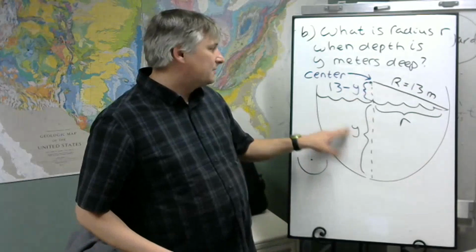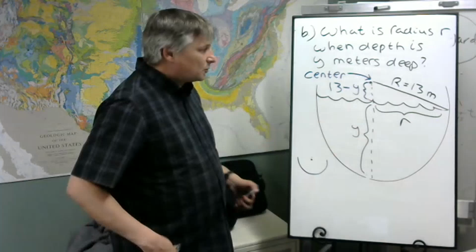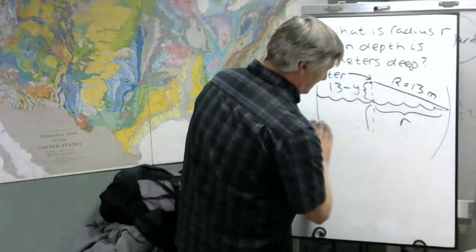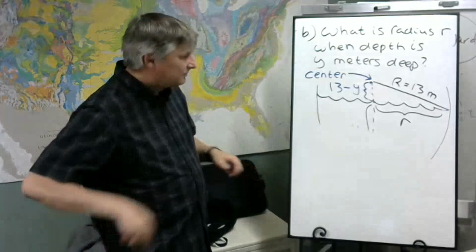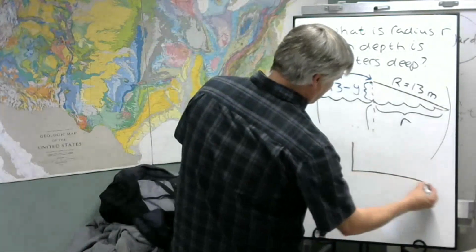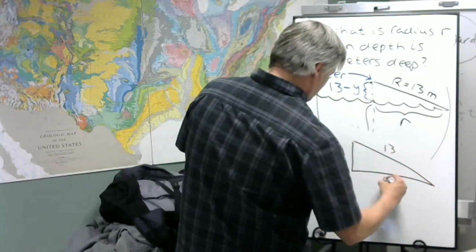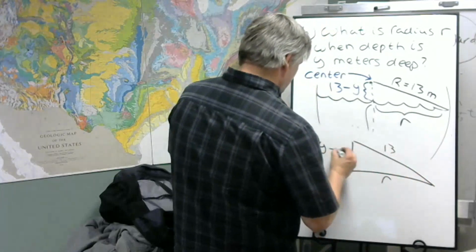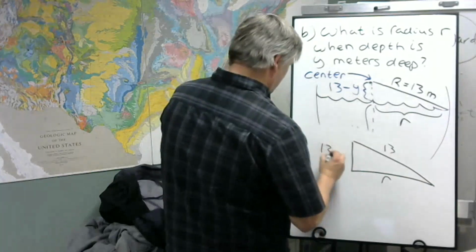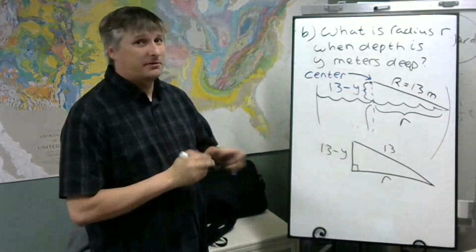But whatever y is, subtract it from 13 to get this piece here. So what we end up getting is this triangle. That's the triangle we're going to work with.